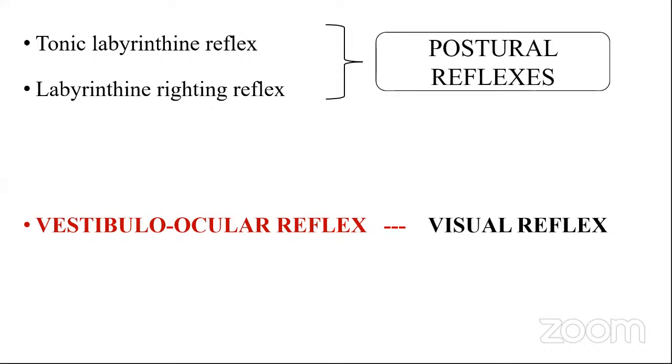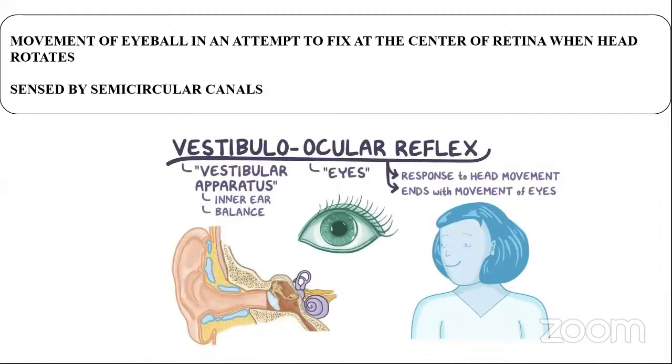The visual reflex is the vestibulo-ocular reflex: movement of the eyeball in an attempt to fix at the center of the retina when the head rotates.